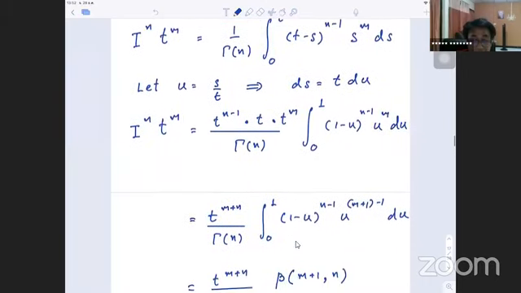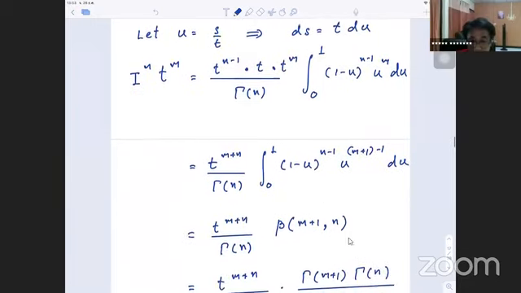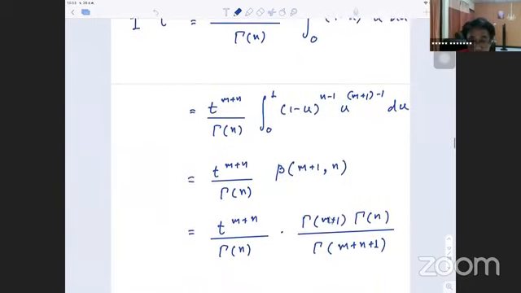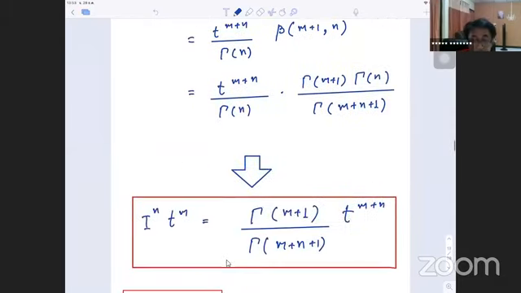Then we can replace this term by the beta function and convert the beta function to be the gamma function again, and this gamma function can be cancelled by this. Then we have the formula like this. This formula seems like the formula of fractional derivative.